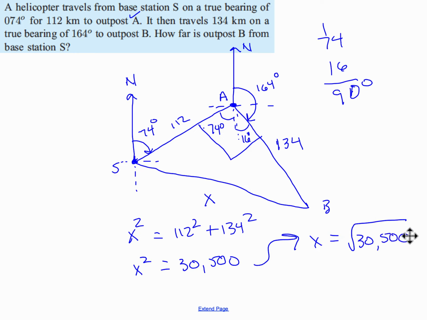Again, no need to do plus or minus because distance is not negative. And if you put that in your calculator, we're going to say X is approximately equal to 175 kilometers. So it's about 175 kilometers away from outpost S, that is outpost B.